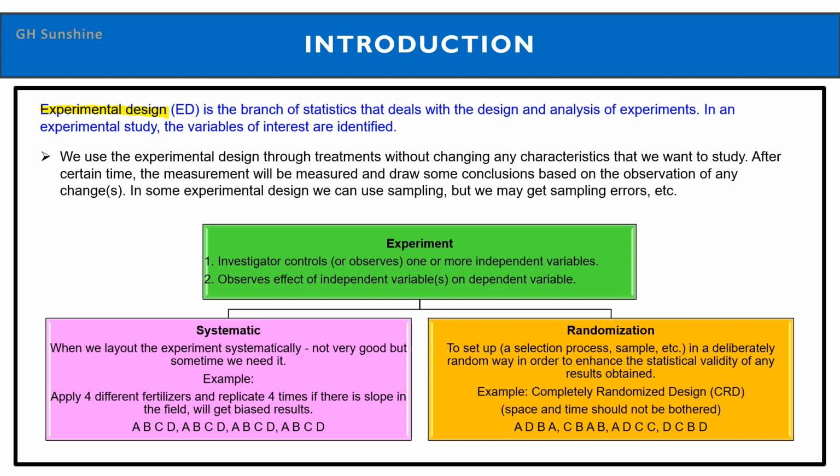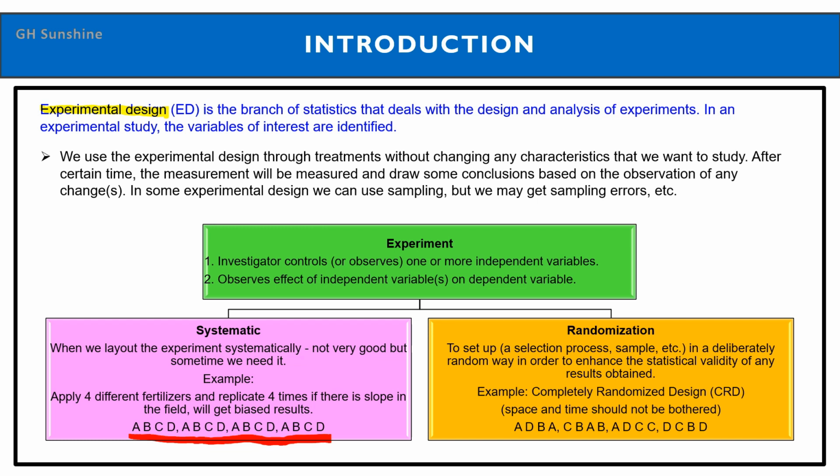This type of experiment is not very good, but sometimes we need it. For example, we apply 4 different fertilizers A, B, C, D and replicate 4 times. If there is a slope in the field, we will get a biased result. So this is one example of the result: ABCD, ABCD, ABCD, ABCD, replicated 4 times.